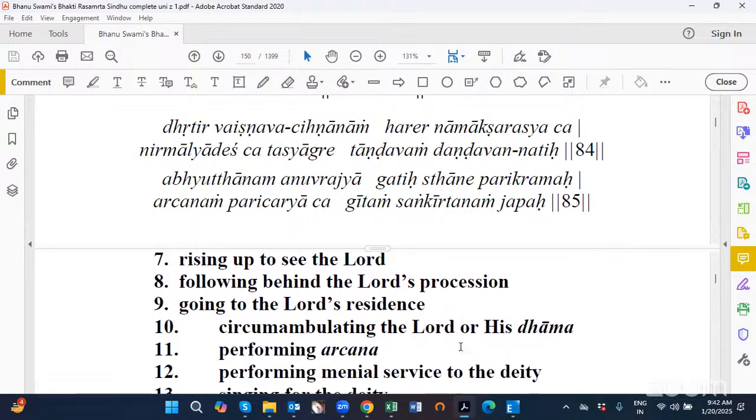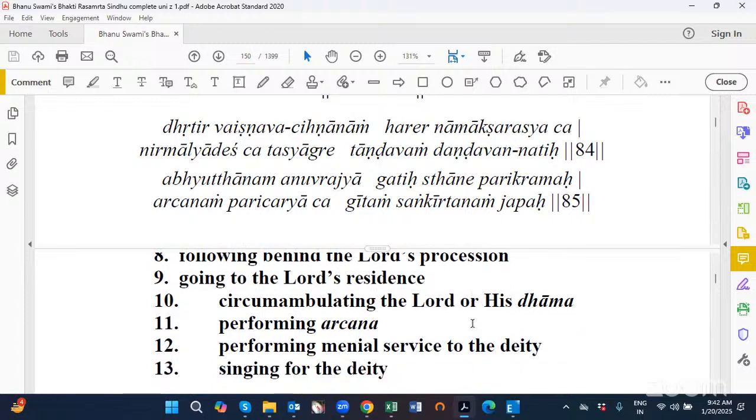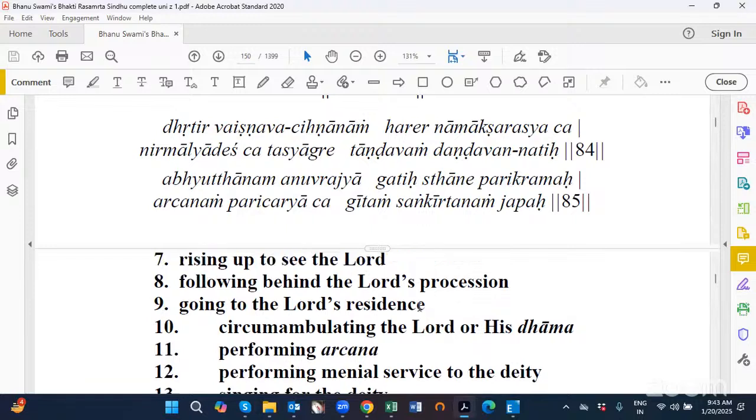Archanam Paricharya. Gati Sthane means going to his abode, the Lord's residence. Circumambulating the Lord is Parikramaha.